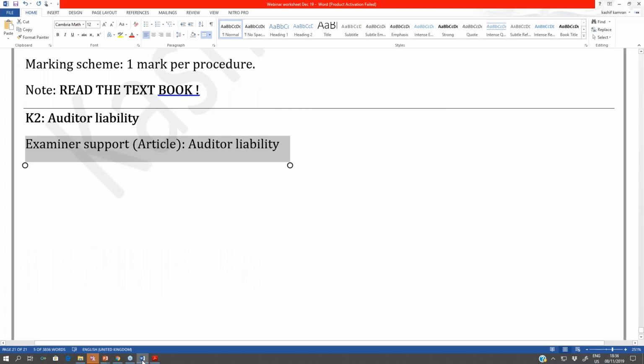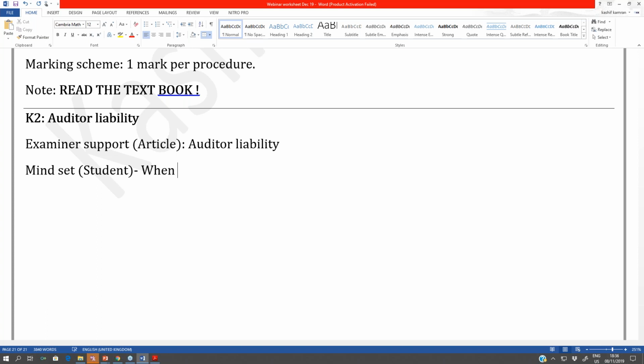Auditor liability. The basic mindset which you should be having as a student when you're preparing this topic is, when will the auditor be liable? You should know the answer of this. When will the auditor be liable?